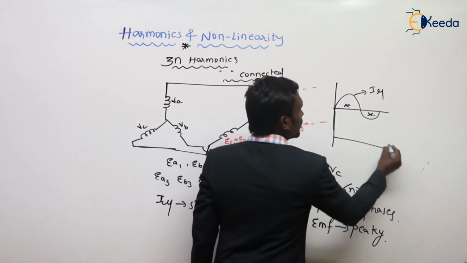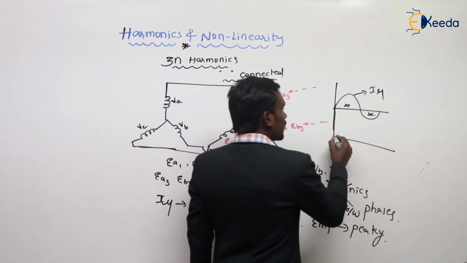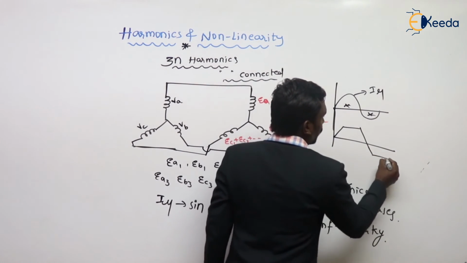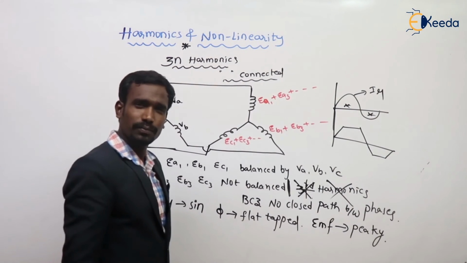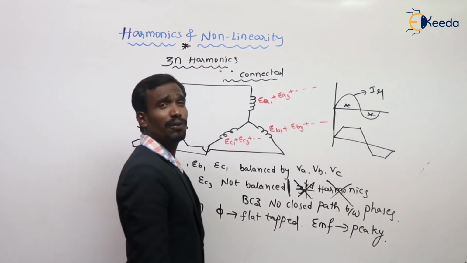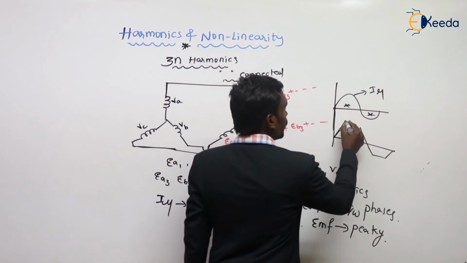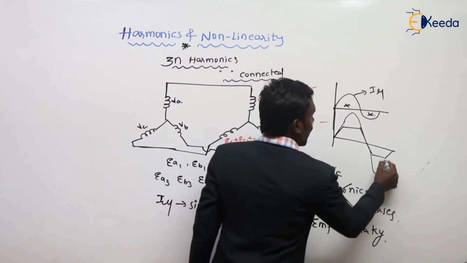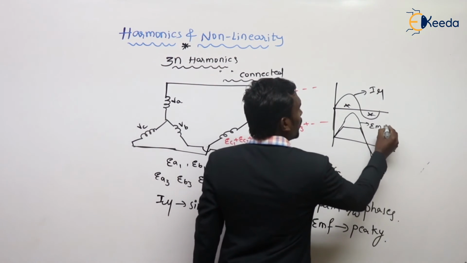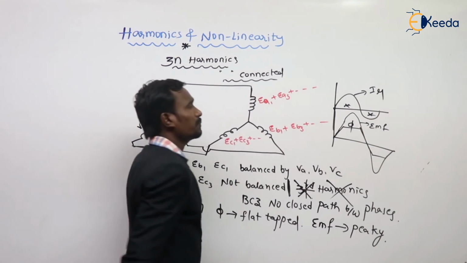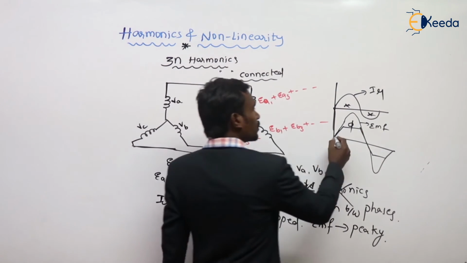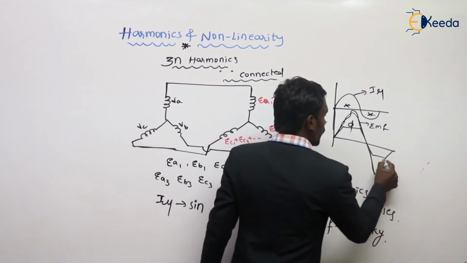If I mu is sinusoidal, then the flux is flat topped, and the EMF is a peaky wave. It is not sinusoidal, it is a peaky wave.